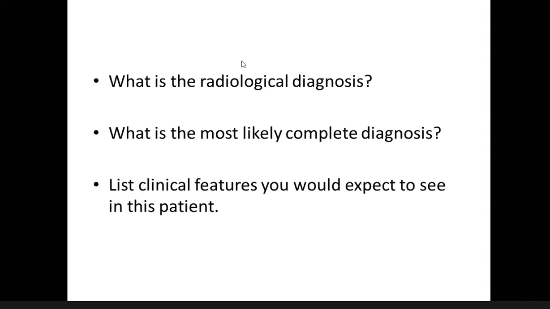So the diagnosis is something like parapneumonic pleural effusion, isn't it? Right, parapneumonic pleural effusion. So there may be an area of consolidation as well, and there may be a pleural effusion as well. So vocal fremitus will be reduced over where the pleural effusion is.